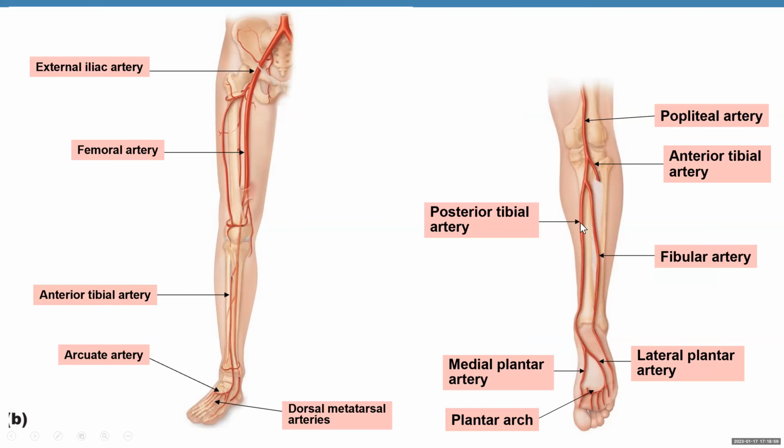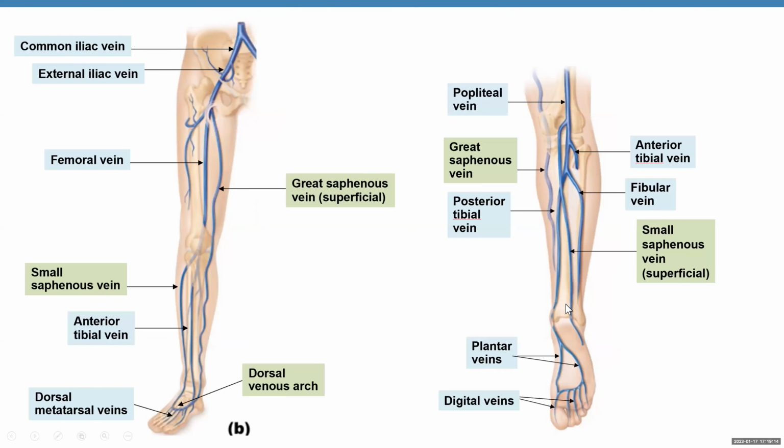We have posterior tibial artery and posterior tibial vein, and they are located next to each other. We have fibula artery and fibula vein. We have anterior tibial artery and anterior tibial vein, right? So that's what you see on this diagram.